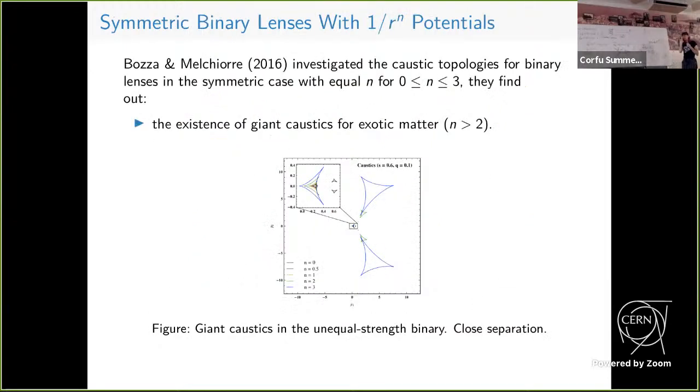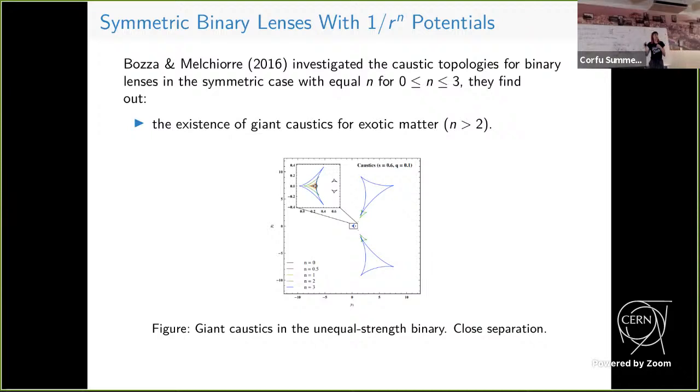Bozza and Melchior in 2016 already investigated the symmetric case for this kind of potential. By symmetric case, I mean that the 2 lenses have the same index, not only 1. So n equal to 1, m equal to 1, or n equal to 2, m equal to 2, and so on.